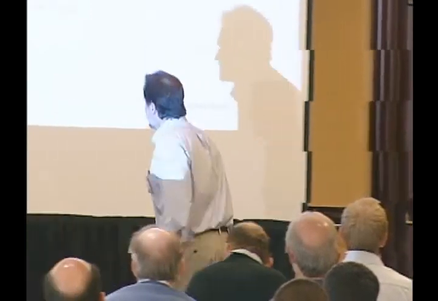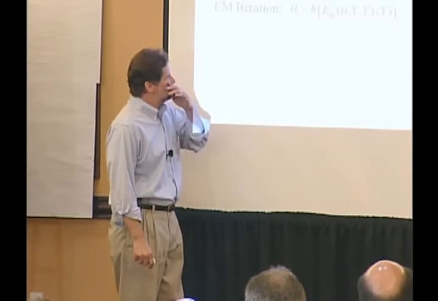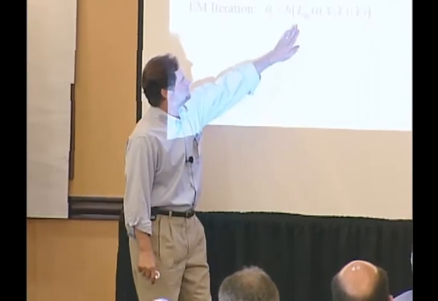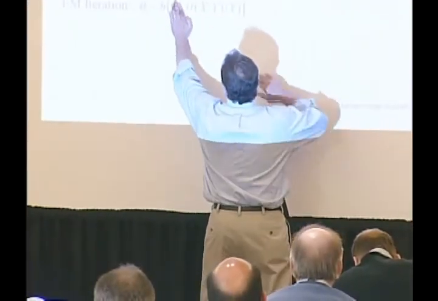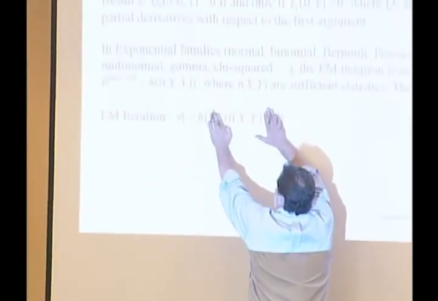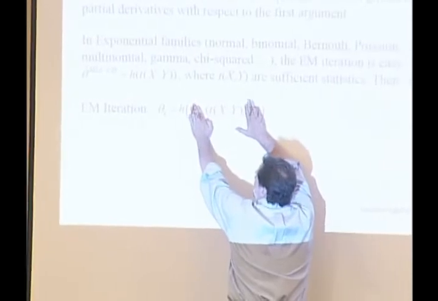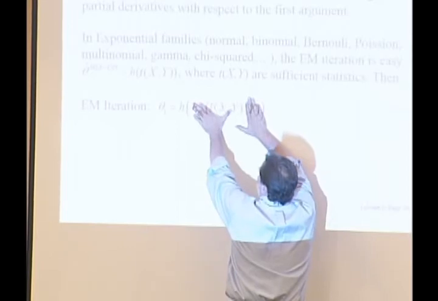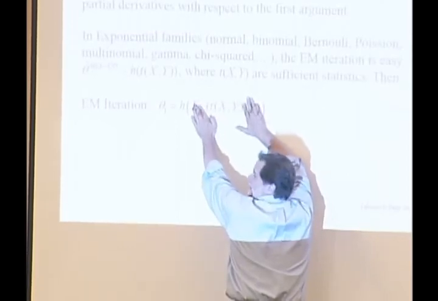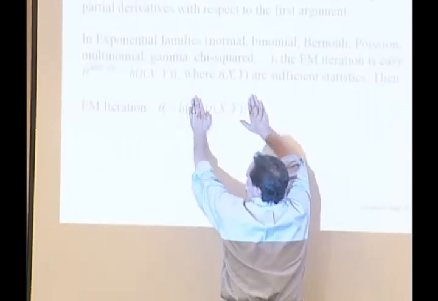So here's the game that you play in exponential families, right? This is what you do. Okay, so suppose you can do this. Write down the usual function which says, how do I go from the data, now the observed data and the unobserved data, to compute the maximum likelihood estimator?